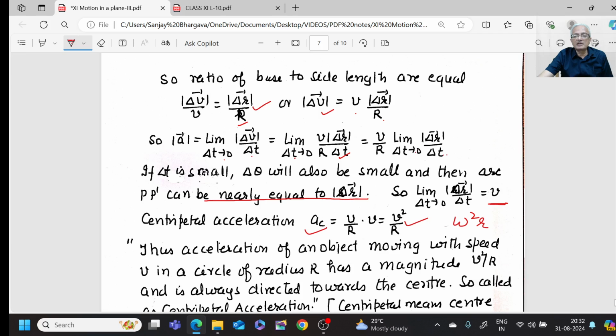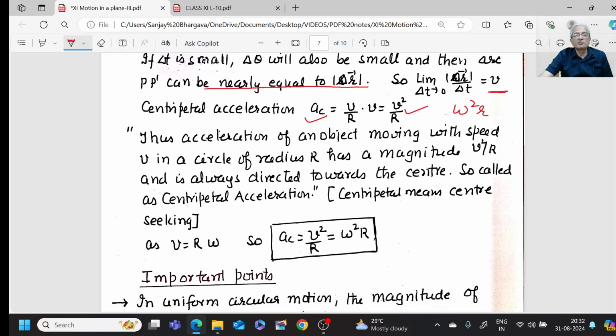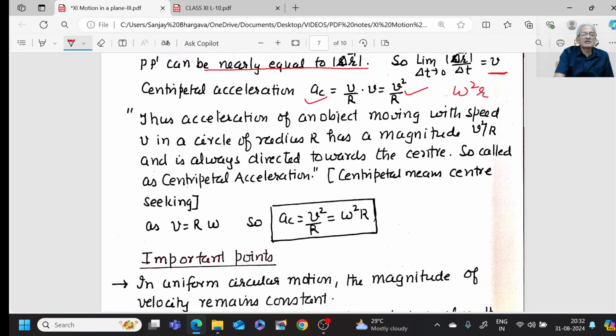Thus the acceleration of an object moving with speed v in a circle of radius r has a magnitude v square by r and is always directed towards the center, so it is called centripetal acceleration. What does the word centripetal stand for? It means center seeking. Here v is equal to r omega, so centripetal acceleration can have a value v square by r or omega square r.